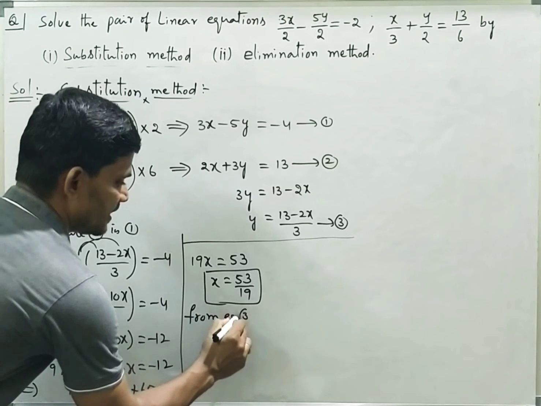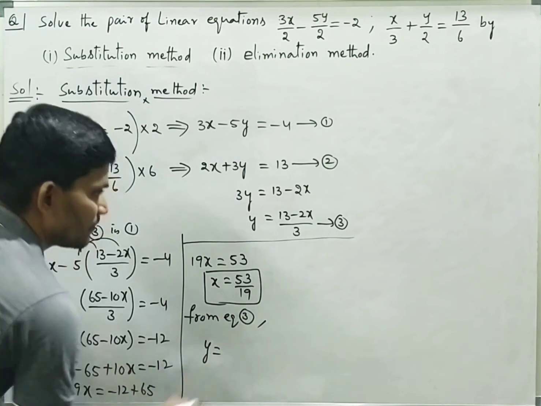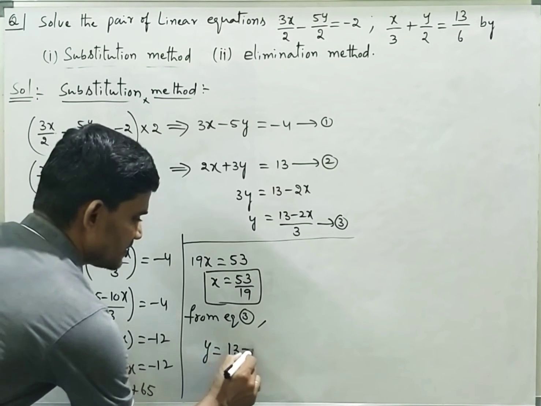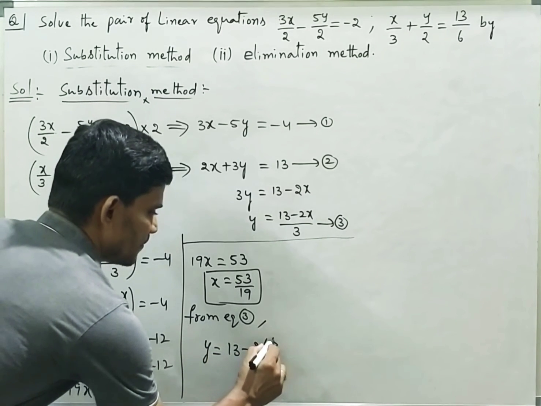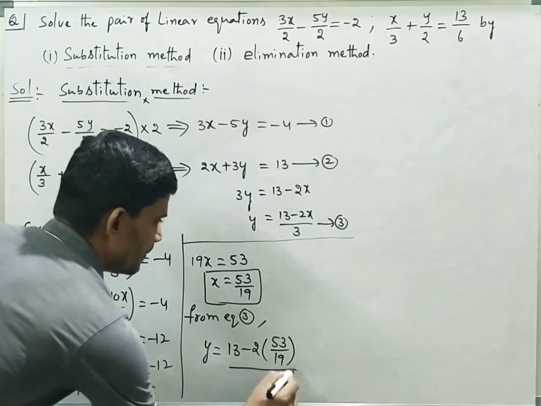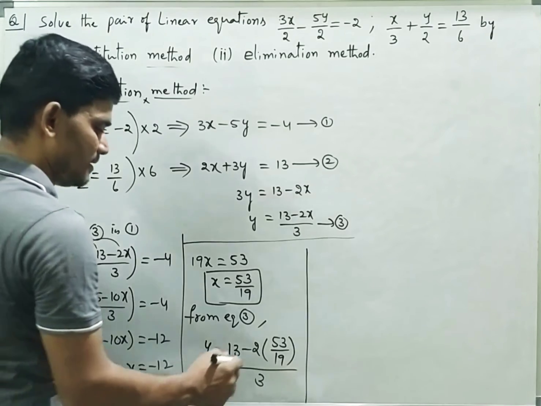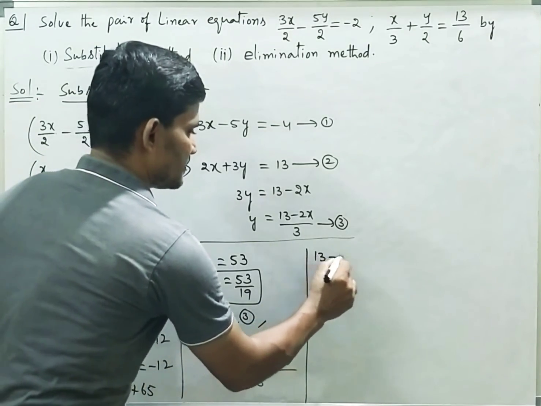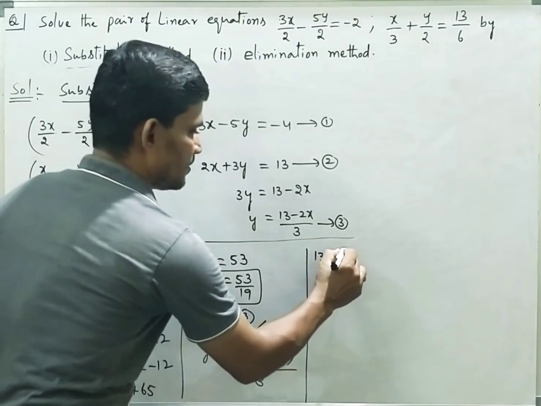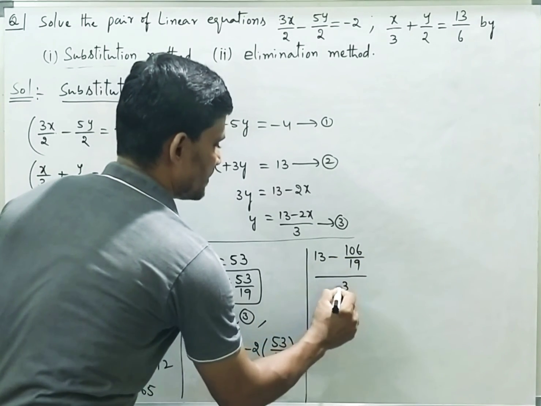From equation 3, what do we get? y is equal to (13 minus 2 times x), that is 53 by 19, all by 3. That is (13 minus 2 times 53, which is 106, by 19), by 3.